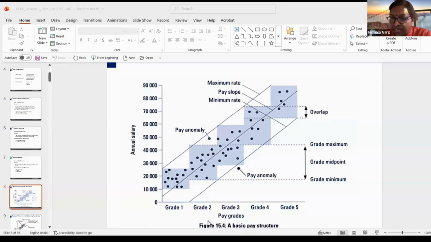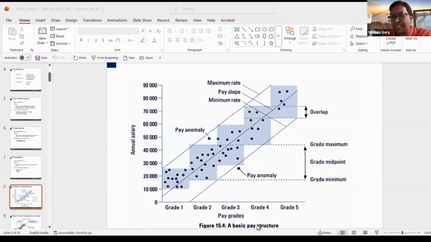All these positions under a particular grade, what do they mean? That means they are of equal worth. Every grade should have a salary band, which we did last time. So it will have a min and a max, right?